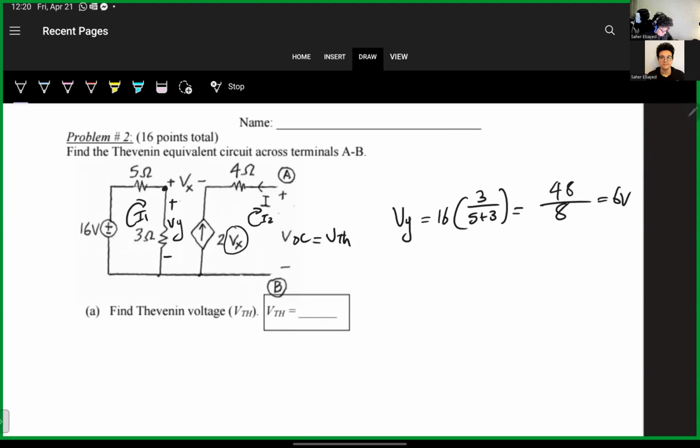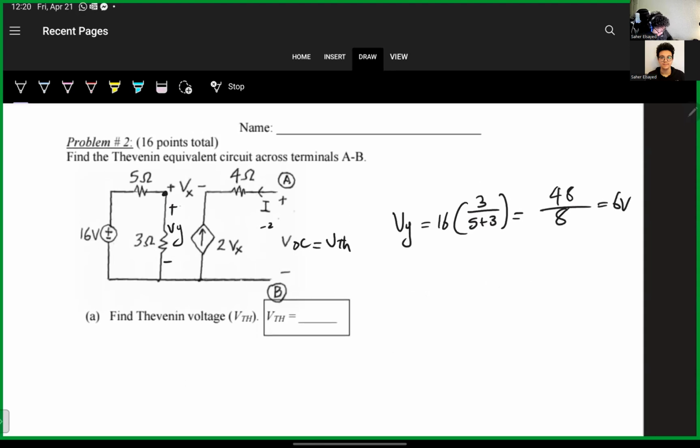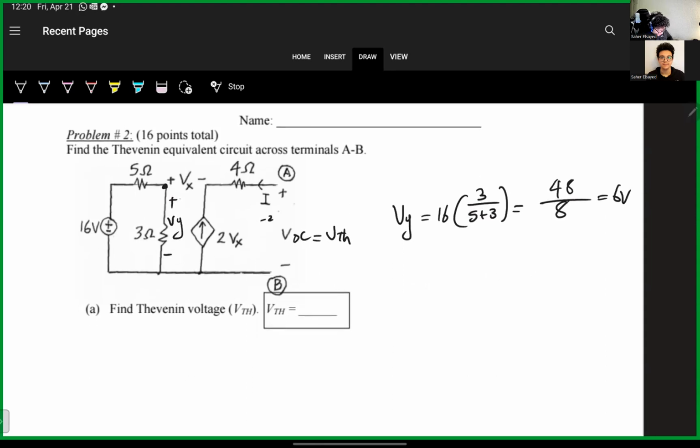Before we do a big KVL that encompasses everything here, let me figure out my current here first. Negative 16 plus 5i plus 3i is equal to 0. What is this? 8i is equal to 16. I is equal to 2 amps, right?